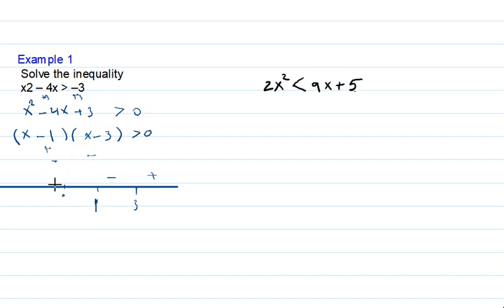Negative multiplied with negative gives us a positive. So the solution is all the x's which give a positive value, greater than 0. That is from negative infinity to 1, where 1 is not included, and from 3 to positive infinity. These are the solutions for x.